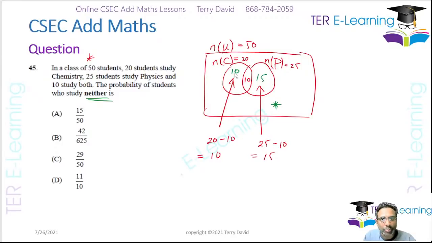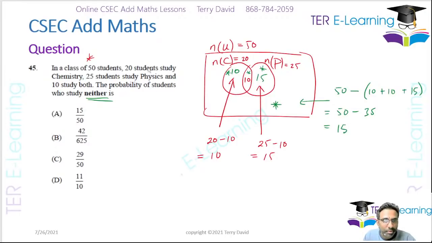So let's add up what we have inside the circles: this 10 plus this 10, that's 20, plus our next 15, that's 35. So to work out this piece here, that's going to be 50 minus 35, which gives me 15.